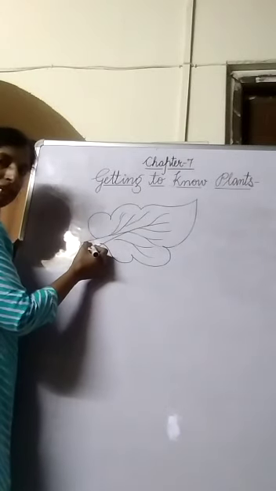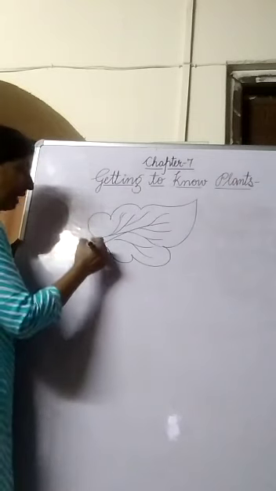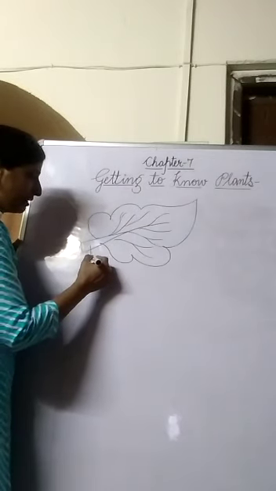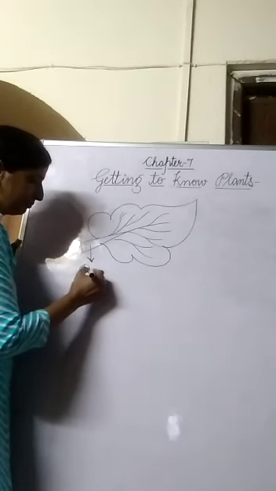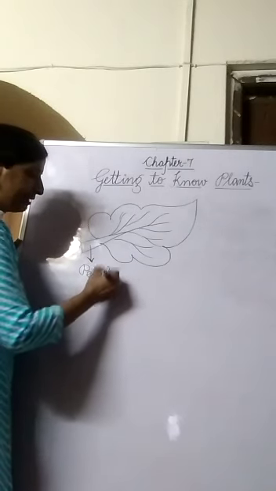This stalk of the leaf joins into the stem, and this stalk of the leaf is called petiole. I hope it is clear to you.